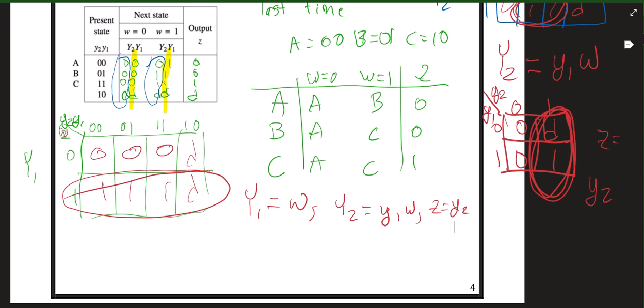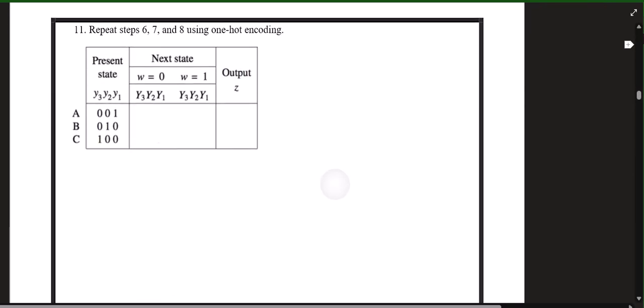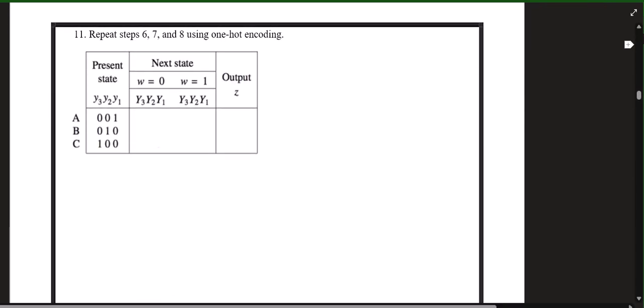For example, on this next one, we have 3, and so we would have 3 flip-flops. So this says one hot encoding. One hot encoding means that of your number, only one of the bits is going to be a 1. Everything else will be a 0. So A is 0, 0, 1, B is 0, 1, 0, and C is 1, 0, 0.